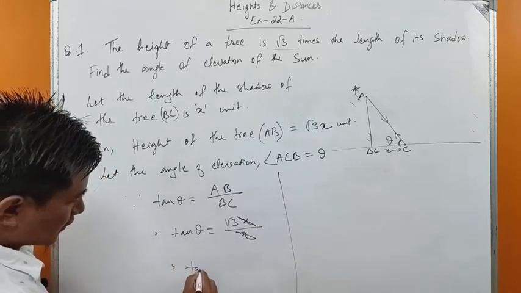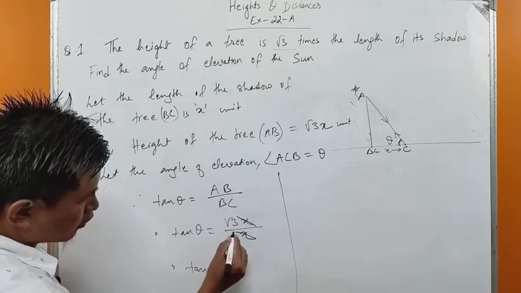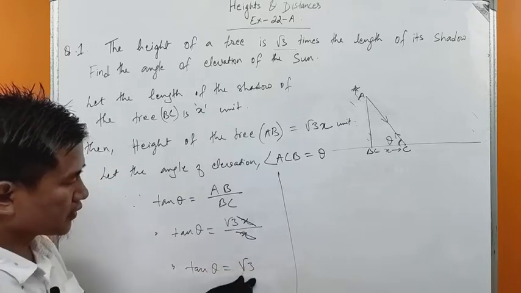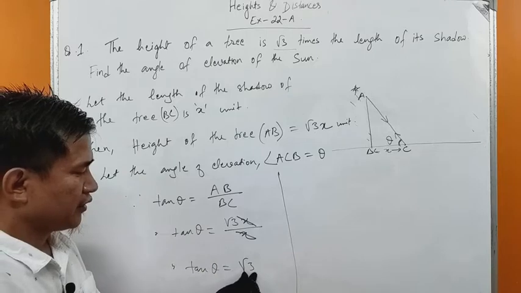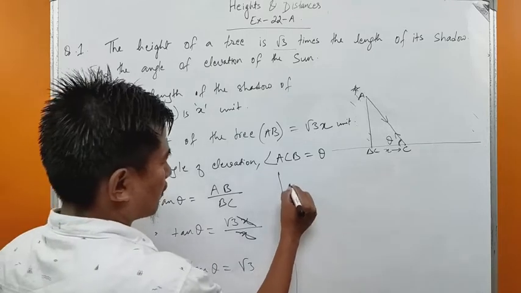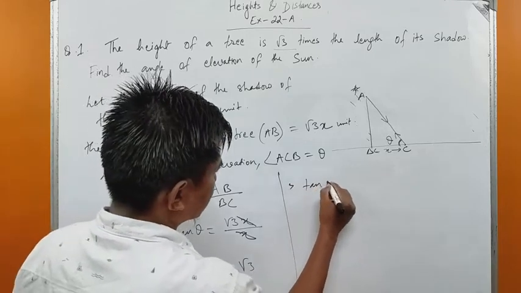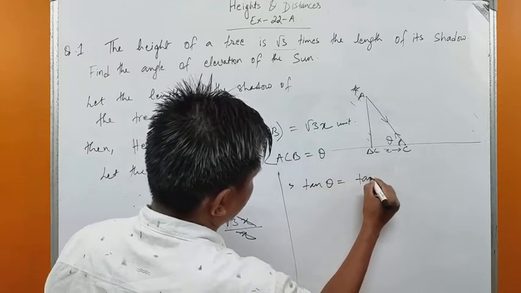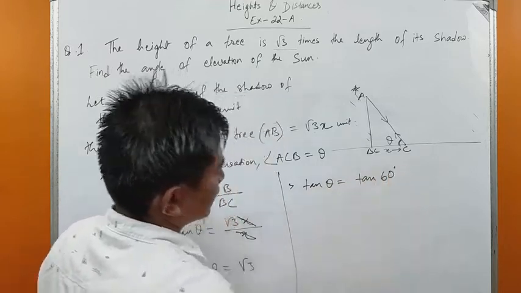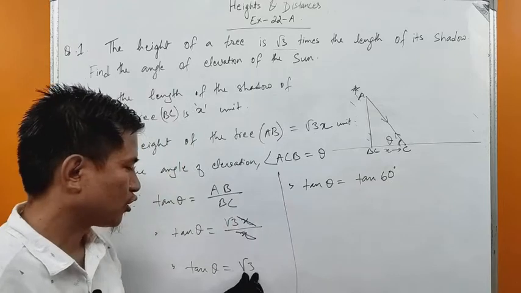Tan theta equals √3. What is the value of √3? Tan theta equals tan 60 degrees, since the value of tan 60 is √3.